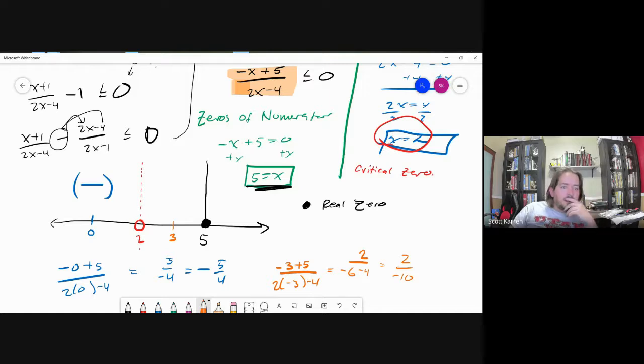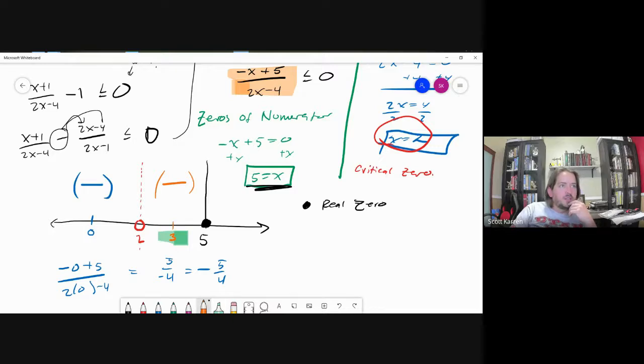All right. But again, this is negative. That's why I'm wondering, because over this 2, I should switch. Oh, that's why, because for whatever reason, I decided that when I tested 3, I was going to plug in a negative right there. That doesn't belong. So let me just back this thing up.